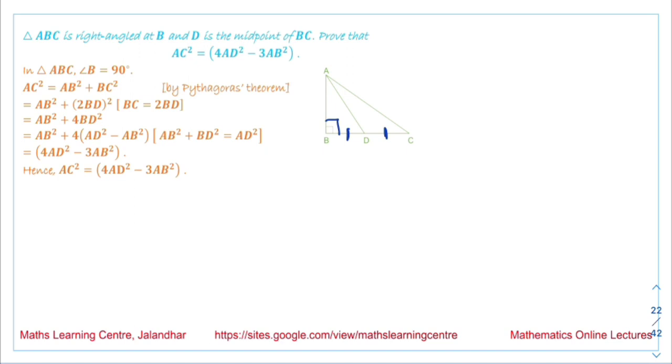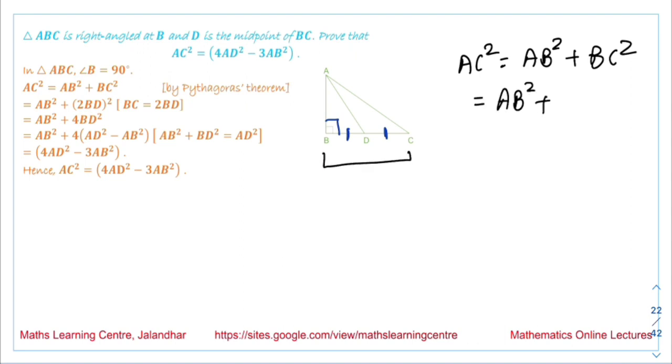So in this triangle ABC, we have AC square equal to AB square plus BC square. In place of BC, we can write 2 times BD, so it is AB square plus 4 times BD square.